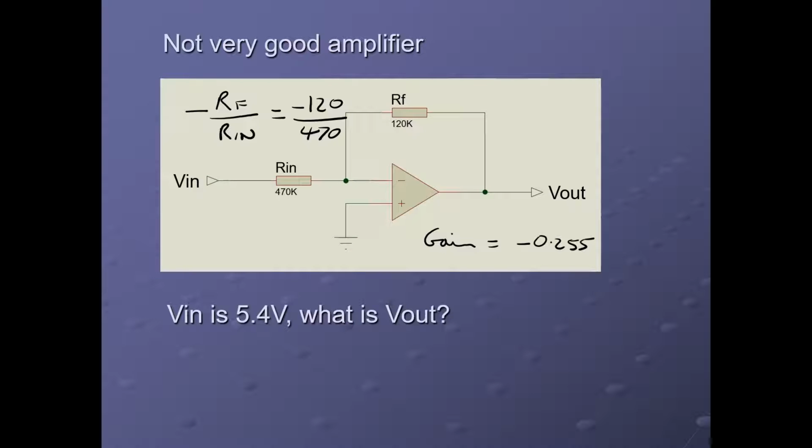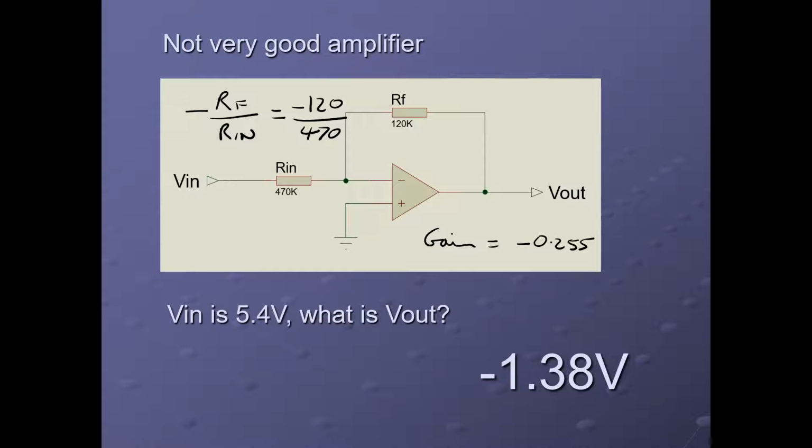Okay, so if Vin is 5.4 volts, what's Vout? Pause the video, see if you can work it out. The answer is minus 1.38 volts, because it's 0.255 multiplied by the 5.4, which gives you 1.38.